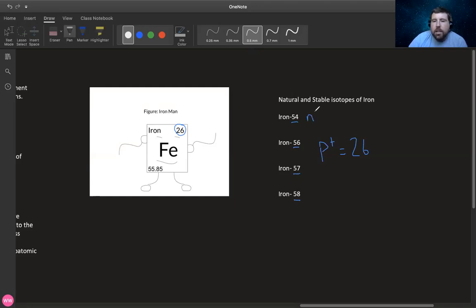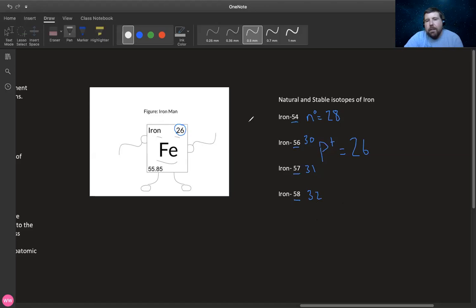For iron 54, it's 54 minus 26, which is 28. 56 minus 26 is 30. 57 minus 26 is 31. And 58 minus 26 is 32. So 28, 30, 31, and 32 is the number of neutrons each one of these isotopes of iron has.